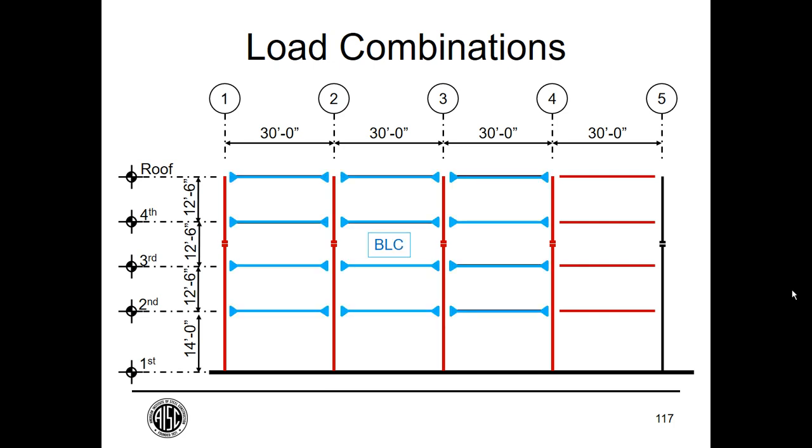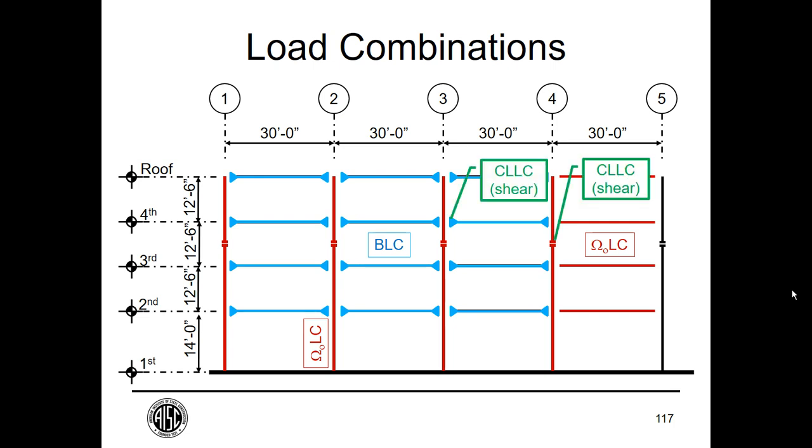These elements here, the moment frame beams, we check them with the basic load combinations, so no amplification factor, no overstrength factor, I should say. The overstrength factor we use for the moment frame columns and for the collector beams. And we use the capacity load combinations for shear in our column splices and shear in our beam to column connections.